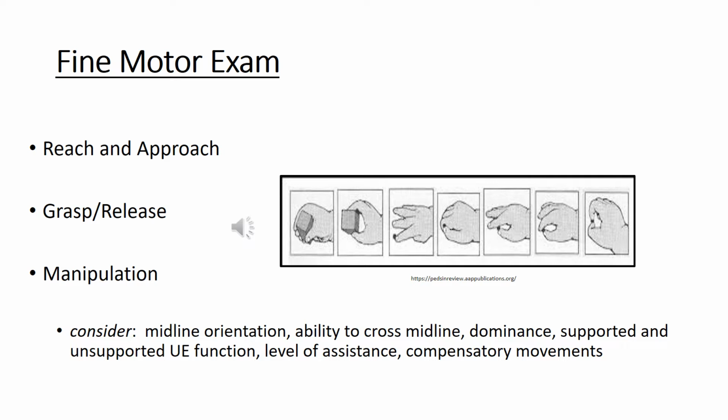So you really need to be on top of areas that other disciplines may have an increased specialty in, but we are certainly well positioned not only to examine these areas, but to treat some of those fine motor areas as we're working with our patients.